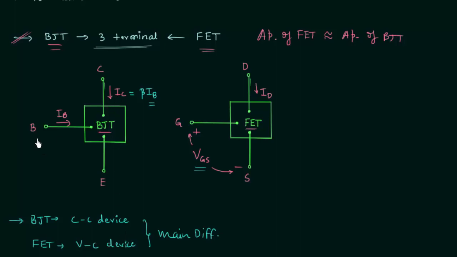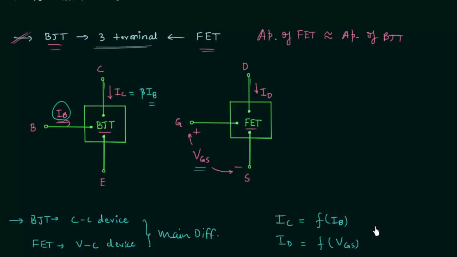Current IC is a function of input current IB. On the other hand, in case of FET, current ID is a function of voltage VGS.